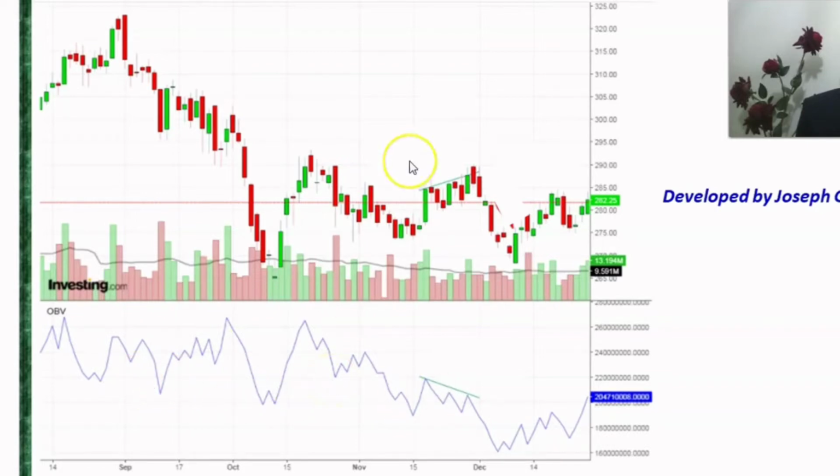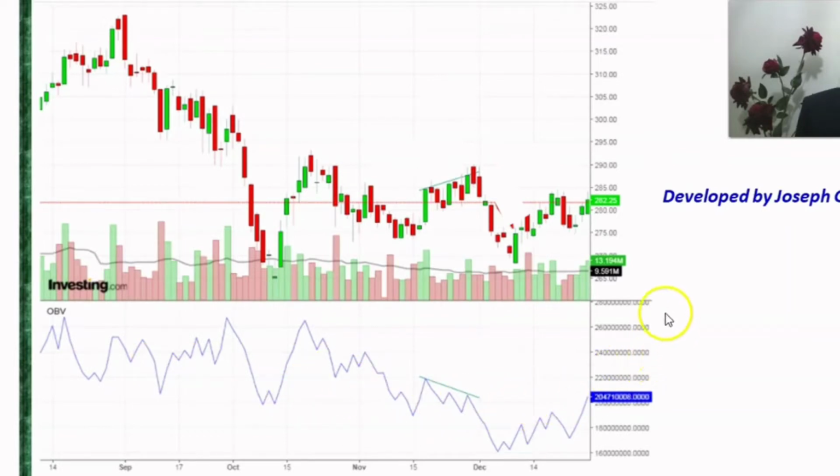We have seen earlier that you go to the drop down menu in that website investing.com, and from there you just select OBV and the graph will come down. As the candlestick chart keeps progressing, this graph of OBV will also keep on progressing simultaneously.